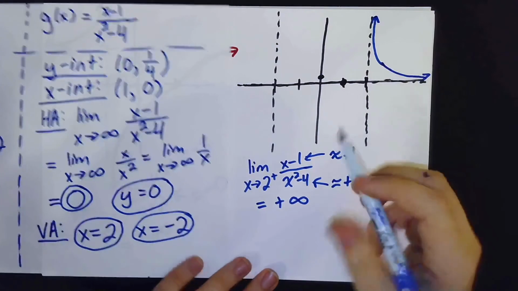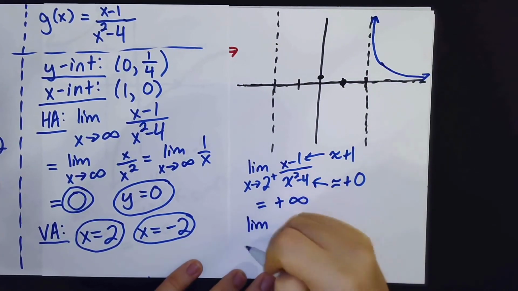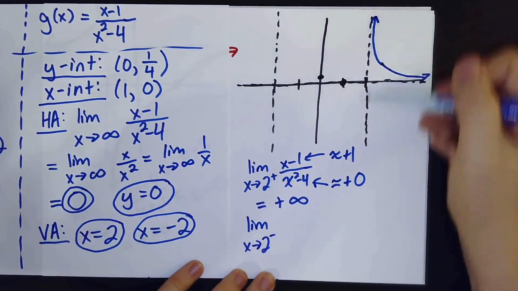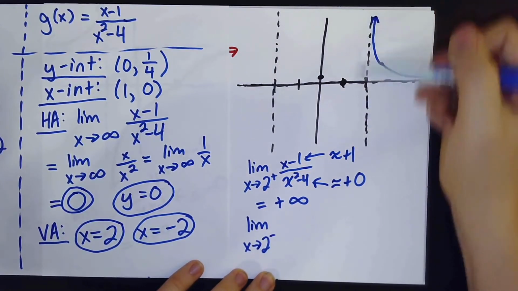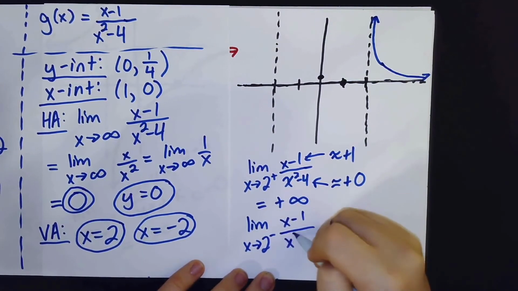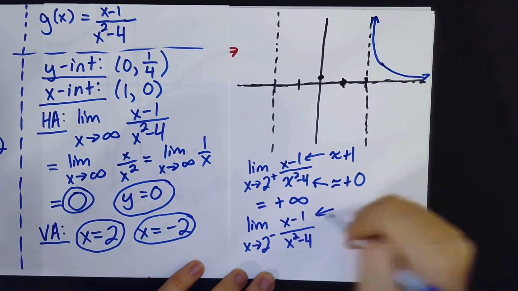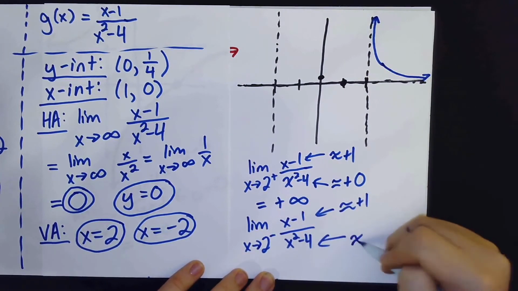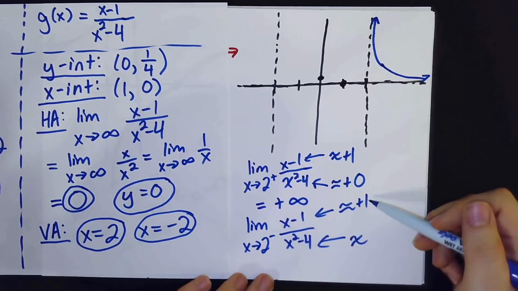What if I approached 2 from the left? That's going to tell me what happens on this side, the left side of this asymptote. Okay, the numerator is still going to be plus 1.